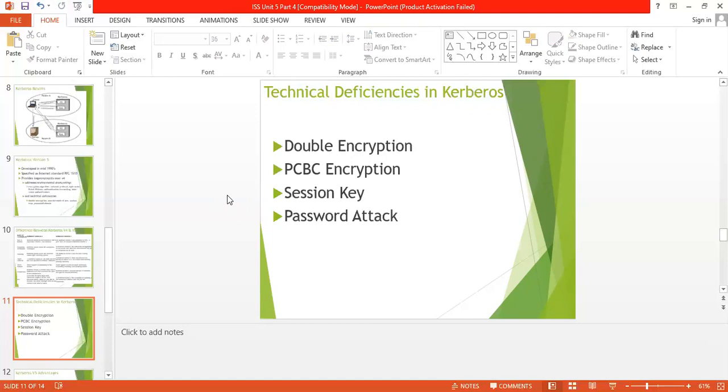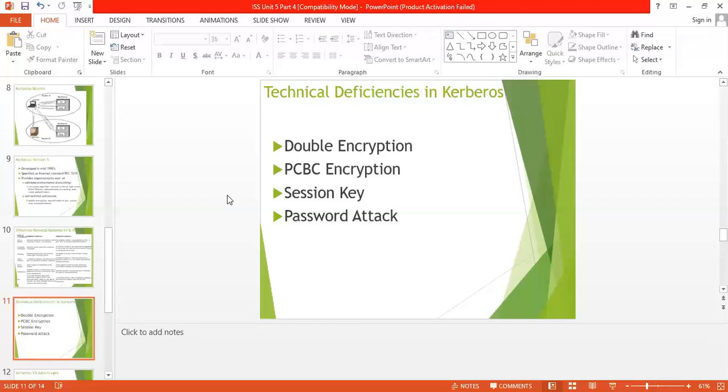And the PCBC encryption: in version 4, encryption is done by a non-standard mode of DES known as propagating cipher block chaining. PCBC also provides integrity checks as part of the encryption operation. The session key is included in each ticket by the client to encrypt, used by client and server to protect the message during a session.